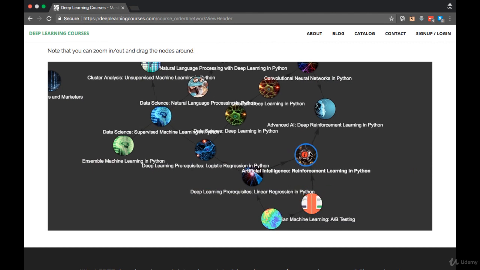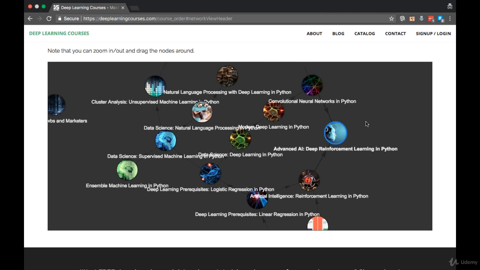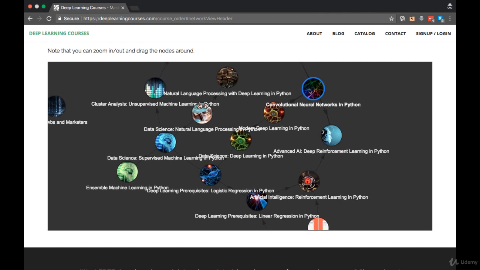So in reinforcement learning part 1, we get all the basics, as you might expect. This is a prerequisite to deep reinforcement learning, since deep reinforcement learning applies those concepts to more difficult games. But you'll notice that this is not the only prerequisite to deep reinforcement learning. As the title suggests, this is also dependent on knowledge of deep learning, in particular, convolutional neural networks.